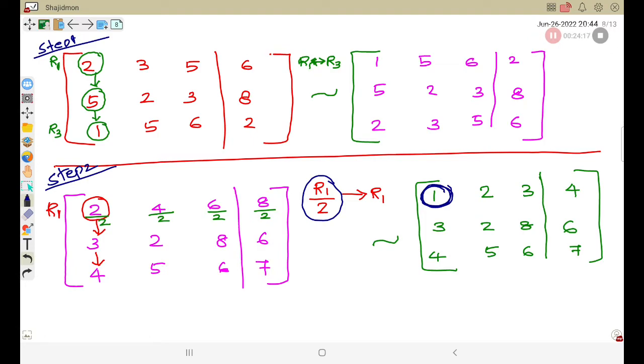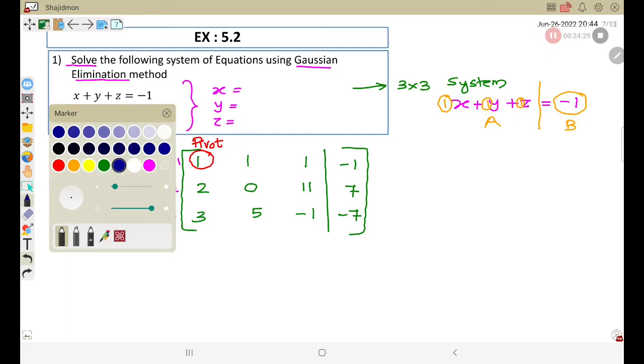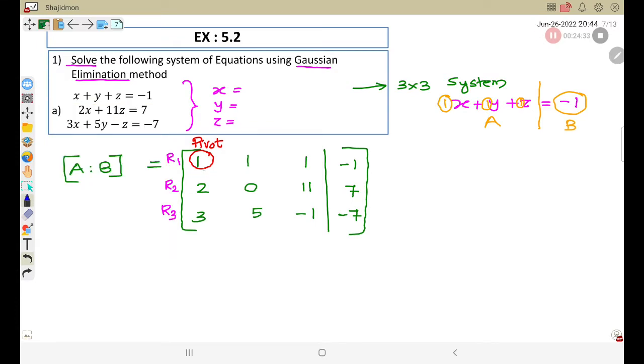So these are the ways to get the first number as 1: either it is already 1, otherwise step 1, otherwise step 2. Here it is already 1, so no problem. Remember, in Gaussian elimination it is not necessary for it to be 1, but if it is 1, it is good for our calculation.